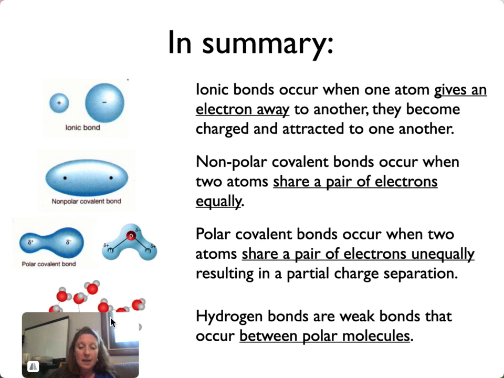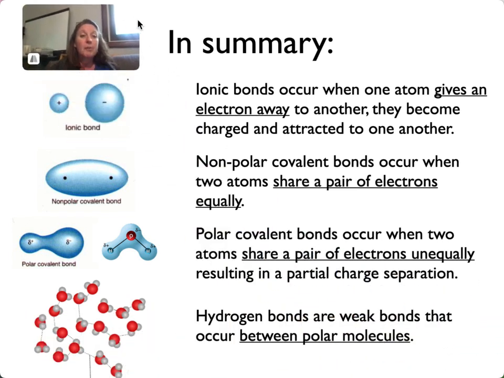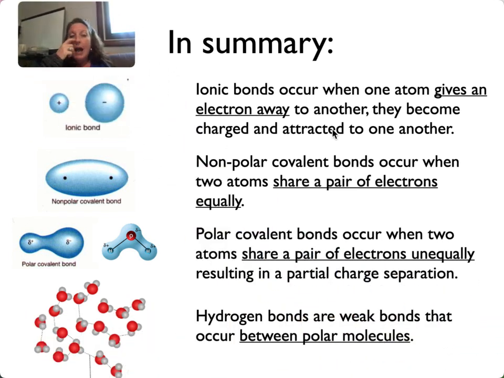So, in summary, we saw ionic bonds, in which one atom gives its electron away completely to another atom, and they each become charged and then they become attracted to each other.